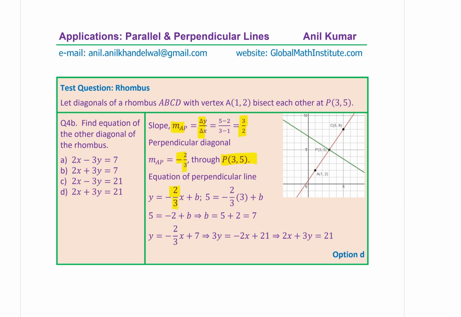Therefore, the equation will be y equals minus 2 over 3 x plus b. To find the value of b, I substitute 3 for x and 5 for y, and rearrange to find the value of b as 7. And therefore, the equation will be y equals minus 2 over 3 x plus 7.